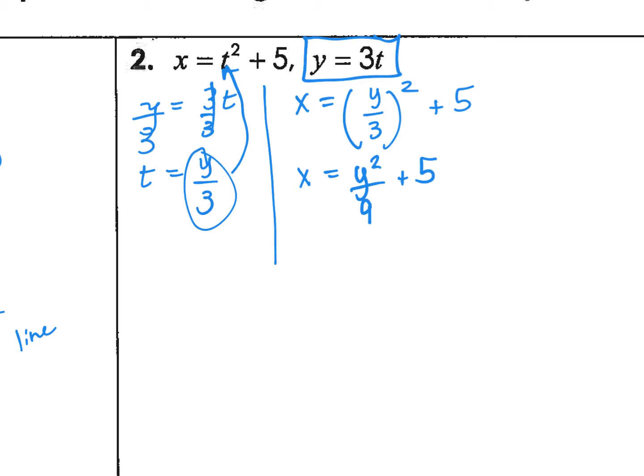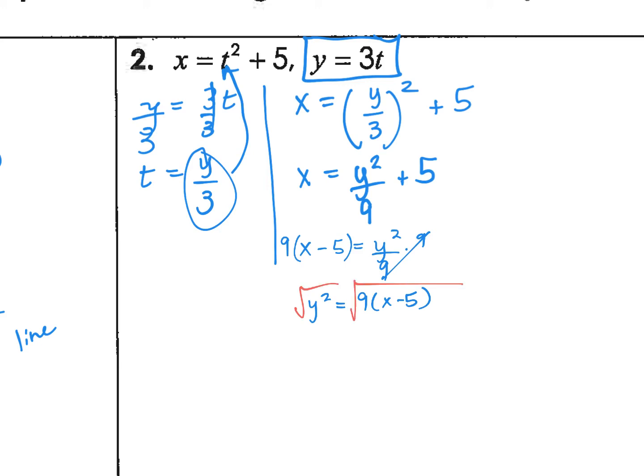Yeah, you can move the 5 first. It's fine with me. So this becomes what? X minus 5 equals... Okay, now what? Multiply by 9. Good. So now we have y squared equals 9 times x minus 5. Okay. Now what? Square root.